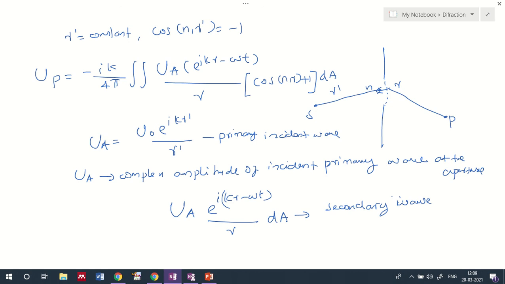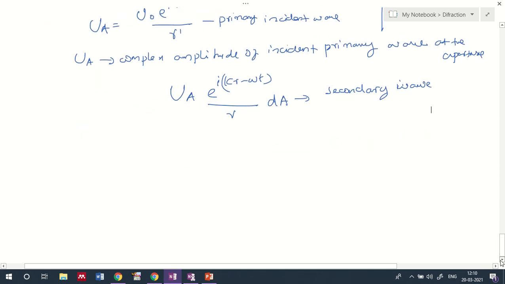However, in the summation, we need to address the factor of cos n r minus cos n r dash, which is known as the obliquity factor. Okay, the total optical disturbance at the receiving point P is obtained by summing the secondary waves from each element, and we represent a term cos n r minus cos n r dash, which is called the obliquity factor.